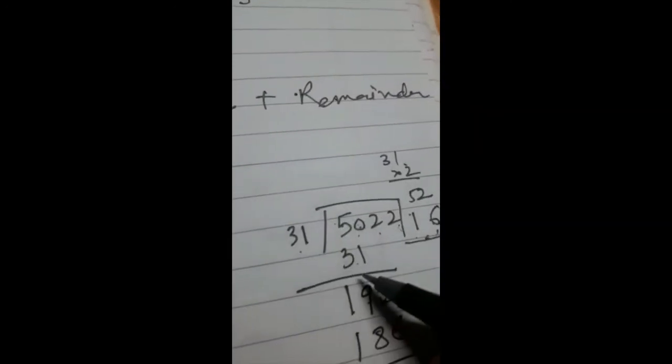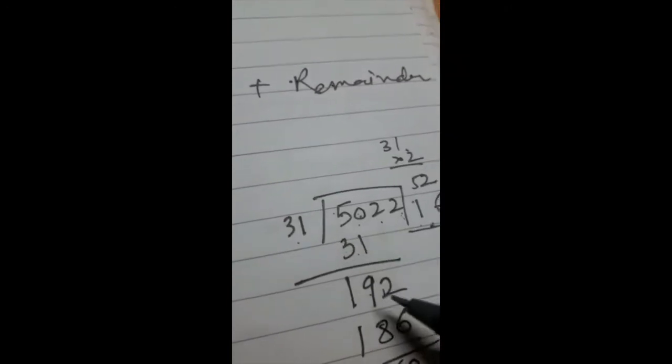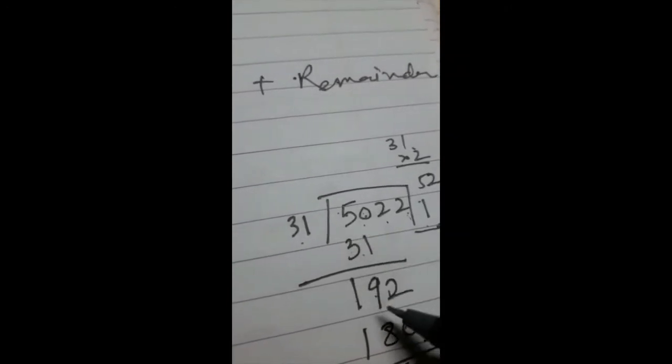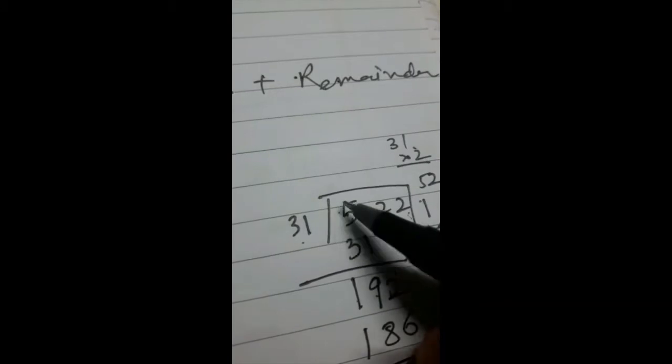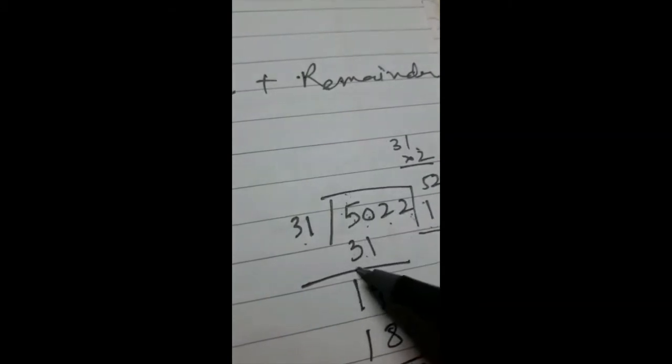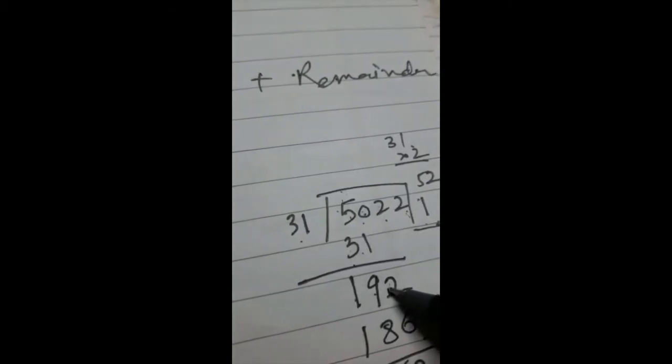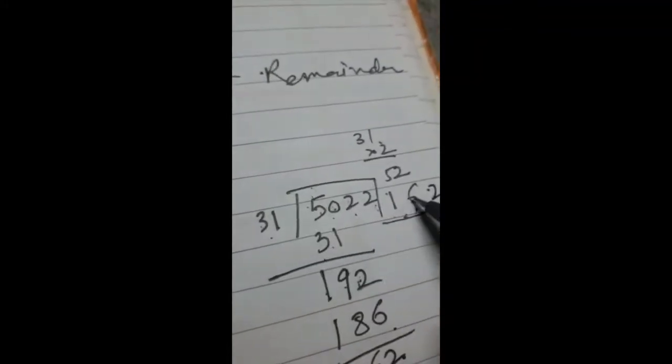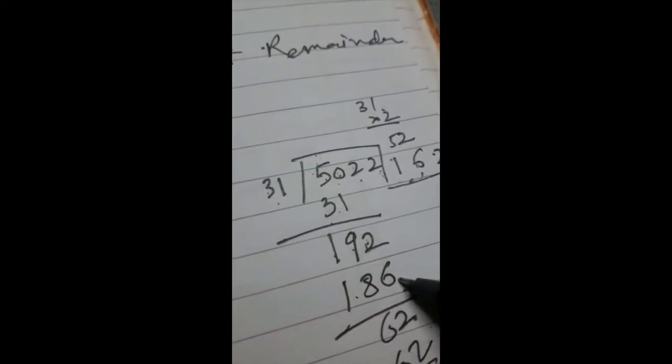Okay, when we divide 5022 by 31, what will be the answer? 5022 divided by 31. 31 ones are 31. We subtract 31 from 50. Then what will be the answer? 9, 5, 4. Here is 4. 4 minus 3 equals 1. Again we put down the 2. 31 6s are 186.